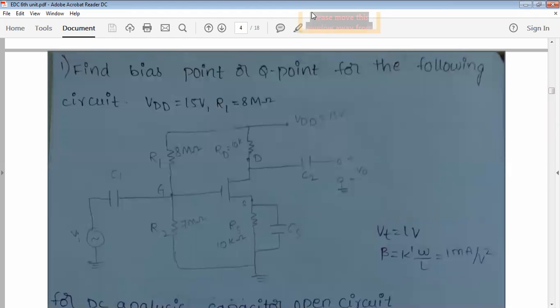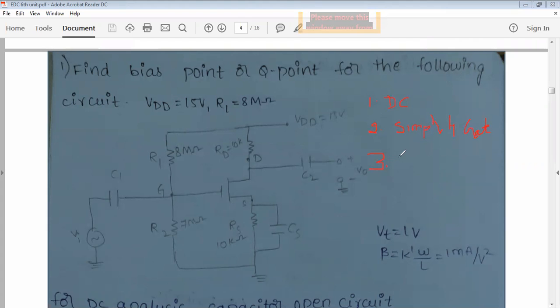Then first point is draw the DC equivalent circuit. That is the first point. And second one is simplify gate network. Why? Because here the given is voltage divider bias.